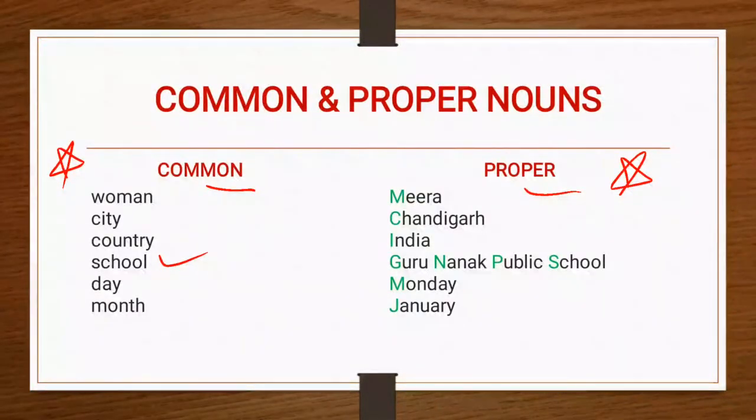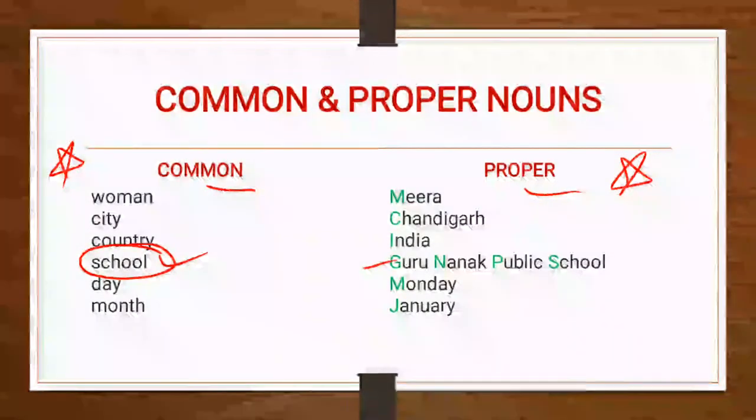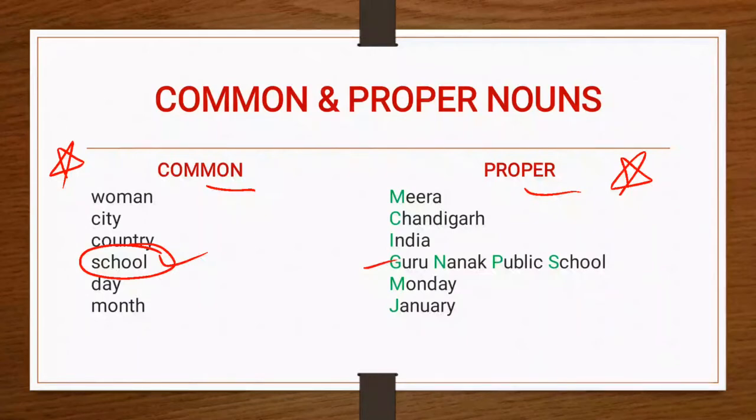So the whole word school is written in small letters. But when we are talking about a specific school like Guru Nanak Public School, all the words Guru, Nanak, Public and School begin with a capital letter. That's because it's a proper noun that talks about one specific school.